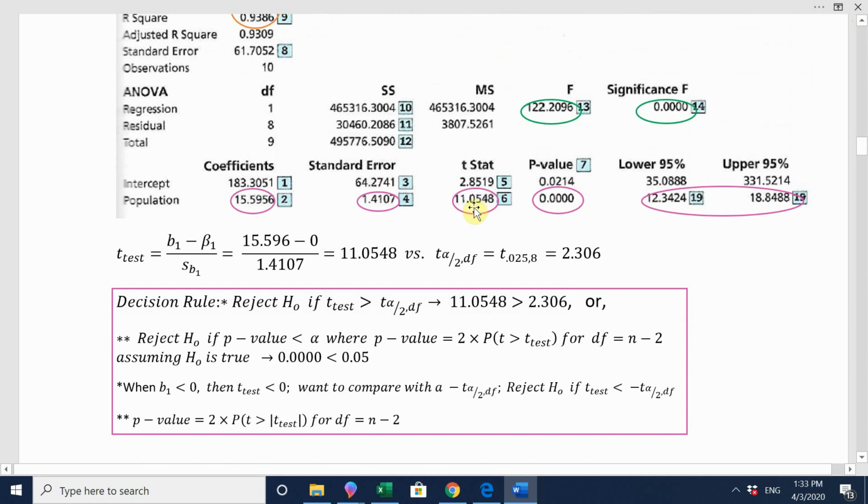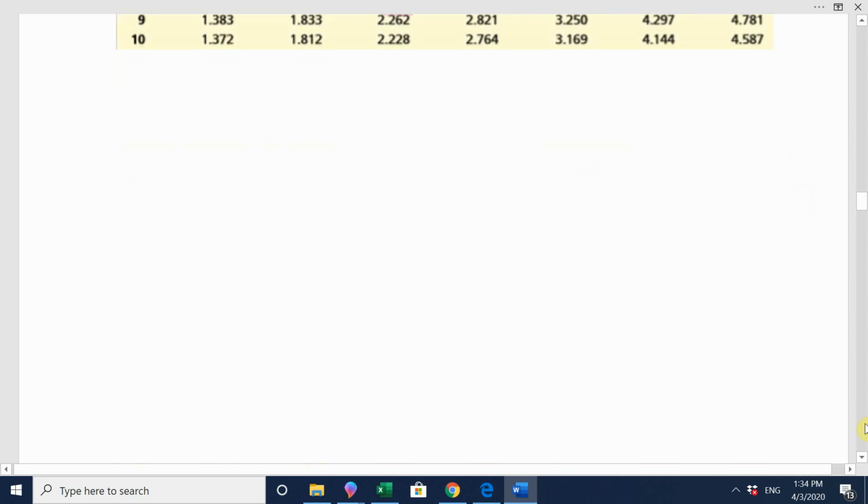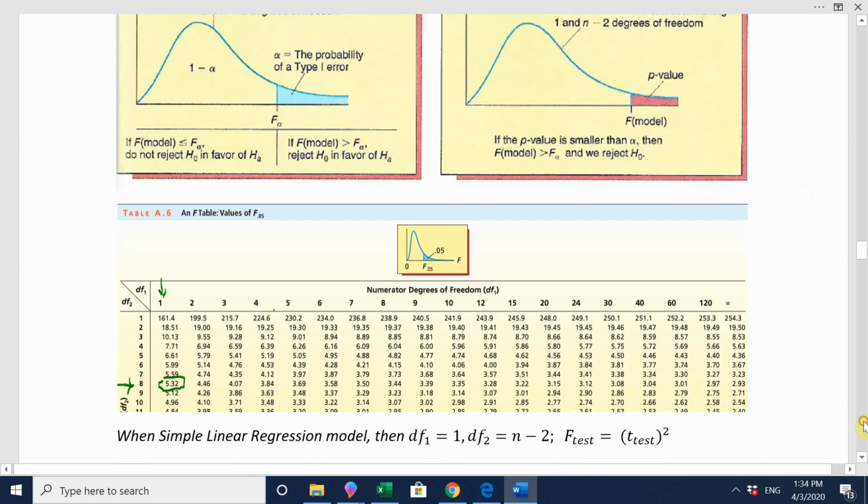So the two are related. When you square your t-test value, you should get the f-test value. This is only true for simple linear regression. We'll see that in multiple regression, that is not the case anymore. Anyway, I thought I would just point that out for you guys.